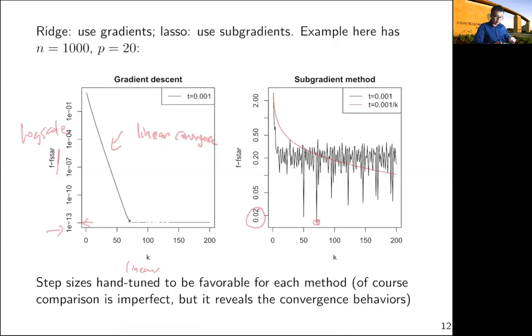So let me clarify that question a little bit further. Clearly it depends on the choice of the step sizes. When you choose the step size to be 1/k, then on this particular example, you see that it actually decreases the objective function monotonically.